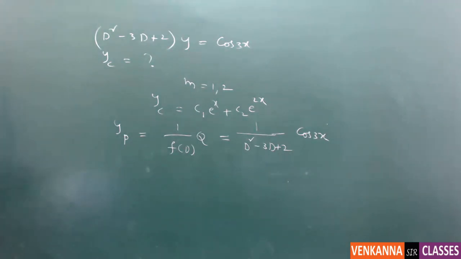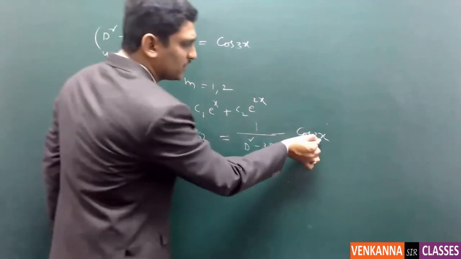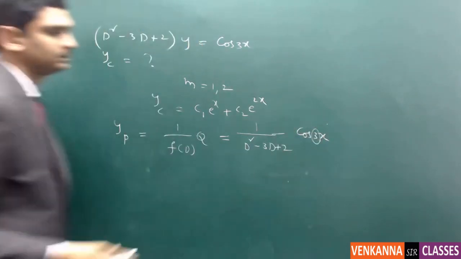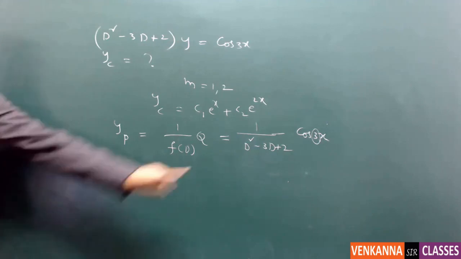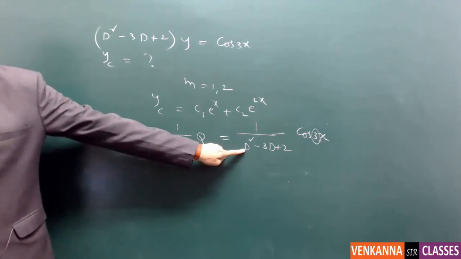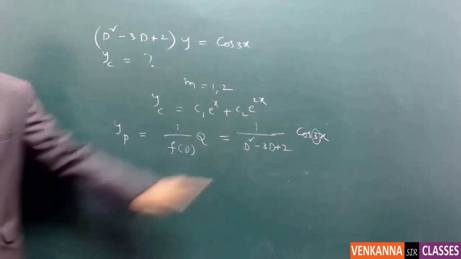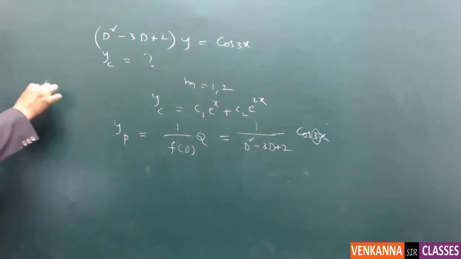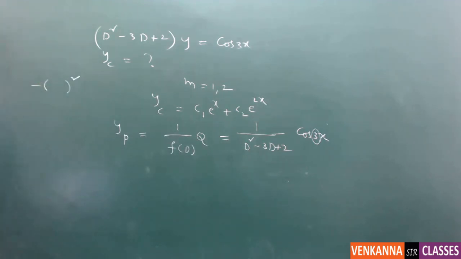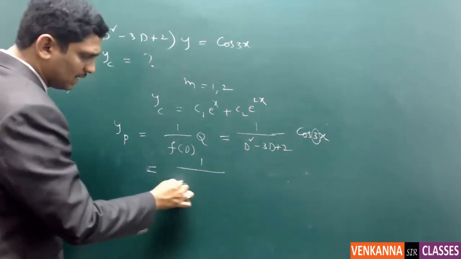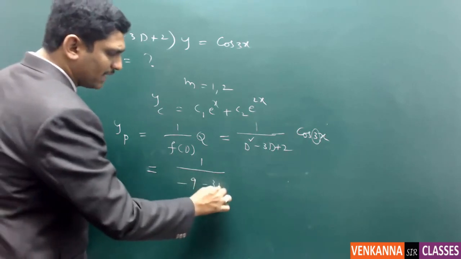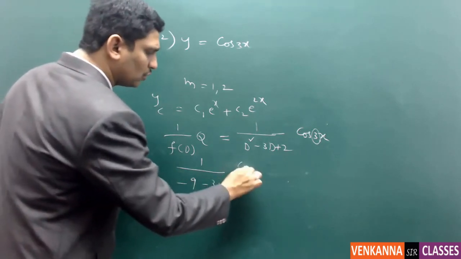So whenever cos or sine functions are given, obviously here we should have a number, 3, 2, 1, etc. The thing we have to do is replace D square with minus the number whole square. So I am going to make it as 1 by minus 9 minus 3D plus 2 into cos 3x.